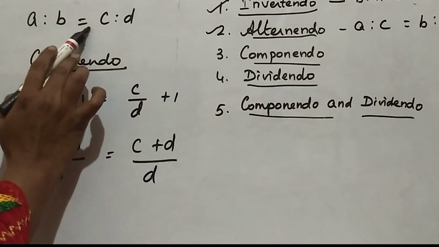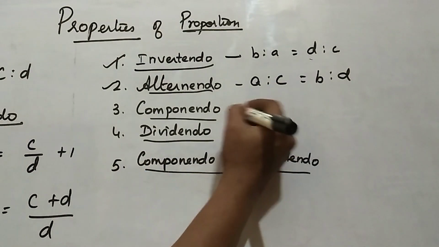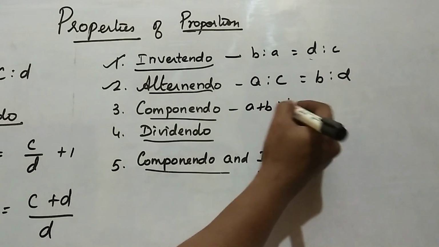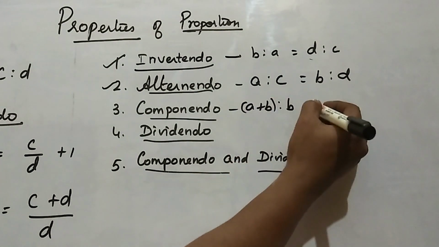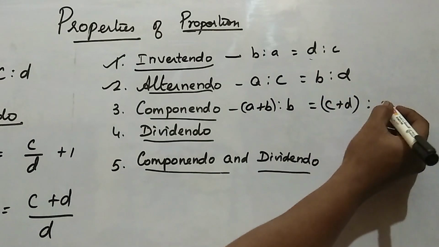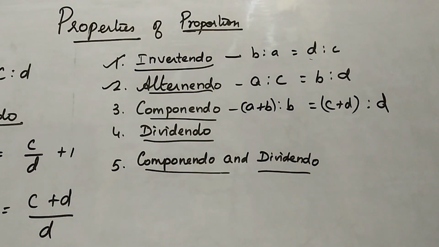A upon B is equal to C upon D. Add 1 on both the sides and take the LCM. A plus B upon B is equal to C plus D upon D. This is A plus B ratio B is equal to C plus D ratio D. Clear? This is the componendo.